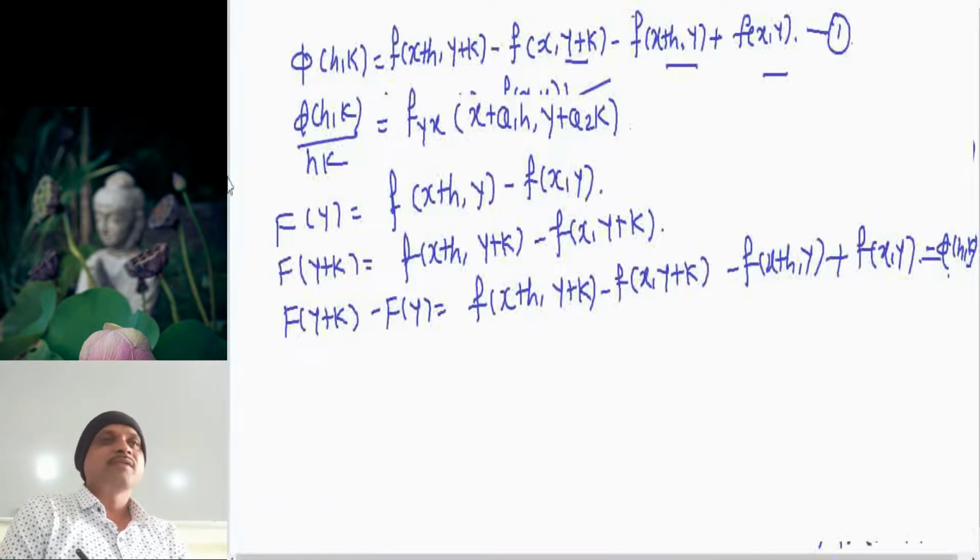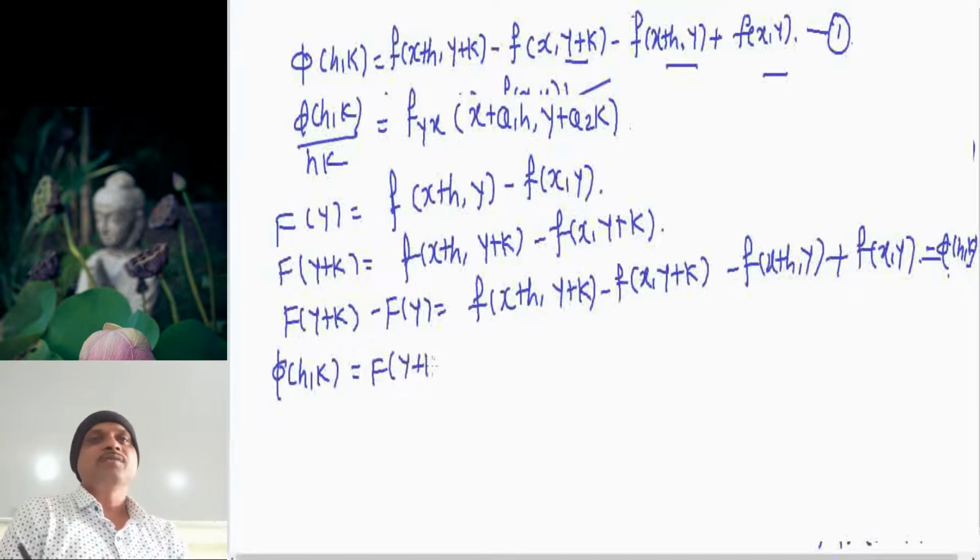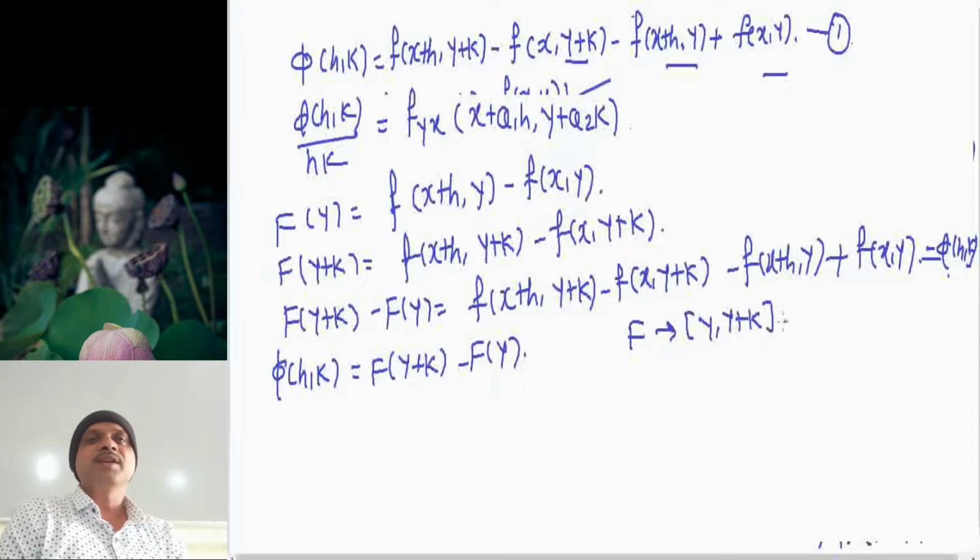that is, phi of h, k equal to capital F of y plus k minus capital F of y. So capital F is a function defined over the interval y, y plus k, and over this interval, capital F of y plus k minus capital F of y divided by k equal to capital F dash of y plus theta 3 k.